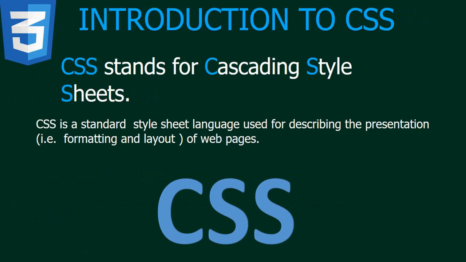Now, CSS is an acronym which stands for Cascading Style Sheet. CSS is a standard style sheet language used for describing the presentation, that is the formatting and the layout of our web pages. Prior to CSS, nearly all of the presentational attributes of HTML documents were contained within the HTML markup, precisely the HTML tags.